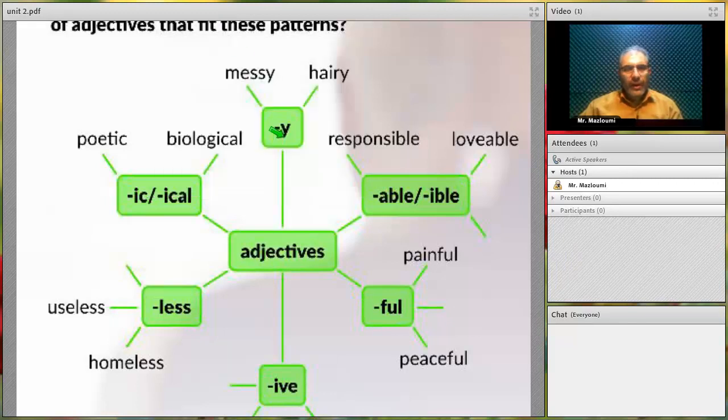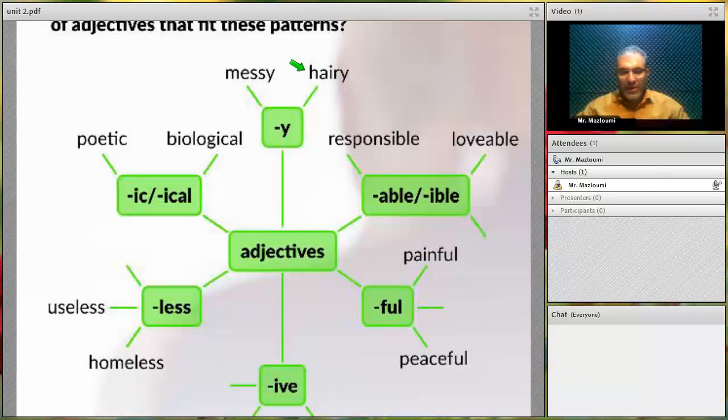Now, messy and hairy. Messy means untidy, not clean, everyone. Messy, opposite of tidy. Hairy means full of hair, for example, a hairy chest. By the way, it has another meaning.